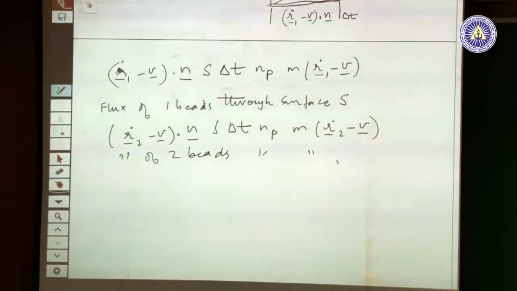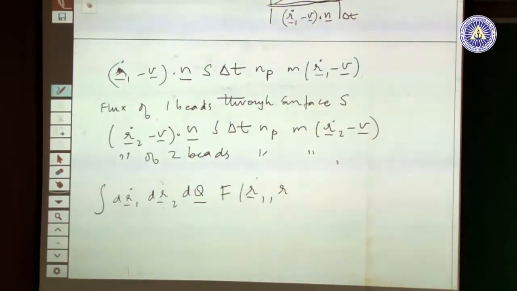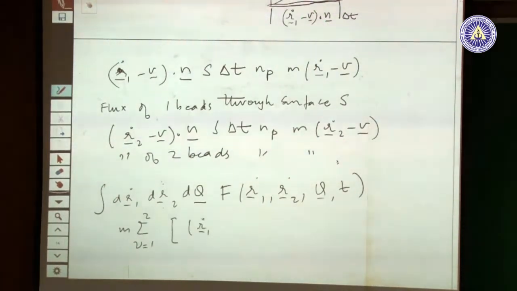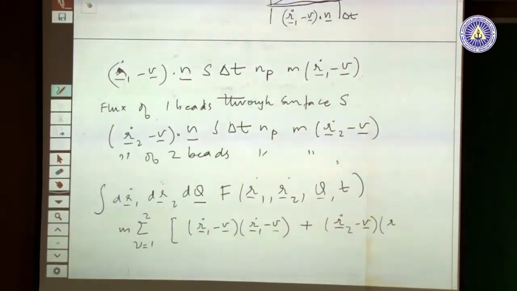And now, if I add these two and average over all of them that went, it would be integral dr1 dot dr2 dot dq f times sum over nu equal to 1 to 2 of, well, the m can come outside, r1 dot minus v times r1 dot minus v plus r2 dot minus v. Do you see that? Okay.